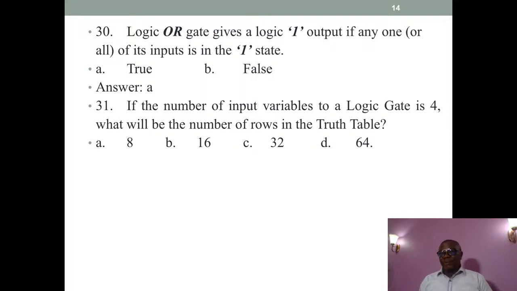Then the other one could be 0, 0, 1, 0, and so on, like that combination. And we say that the number of rows in a truth table is equal to 2 raised to power the number of inputs. So if you have 4 inputs, it becomes 2 raised to power 4, which is 16.